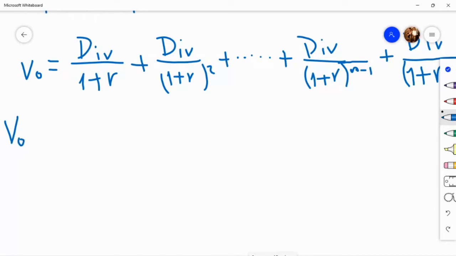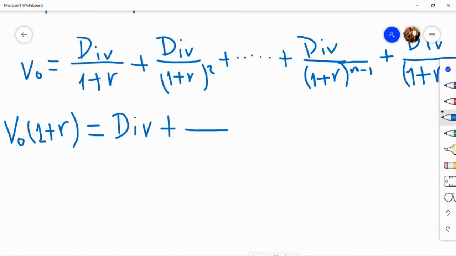Because you're multiplying everything by 1 plus R, both the left-hand side and the right-hand side must be multiplied by 1 plus R. So the left-hand side will be V0 times 1 plus R. The right-hand side, the first term will be dividend, because 1 plus R and 1 plus R will cancel out, right?